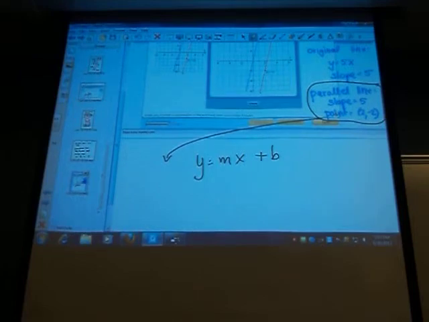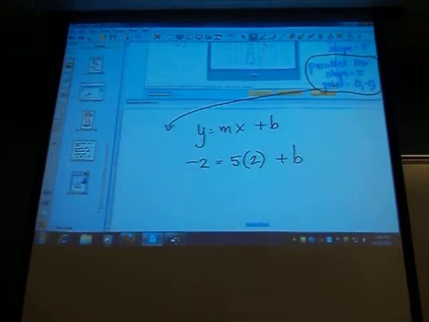Okay, so I'm going to take my parallel information, which is that the slope is 5 and the point is (2, -2), and that's just the point that they labeled on my graph. That means they want me to use that point. So my y is -2, my slope is 5, my x is 2, plus b. -2 equals 10 plus b.